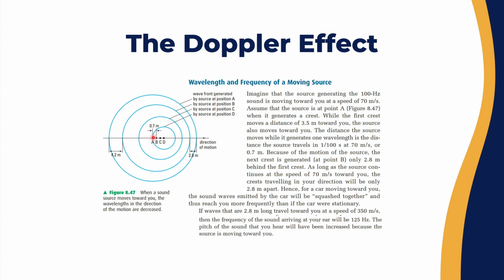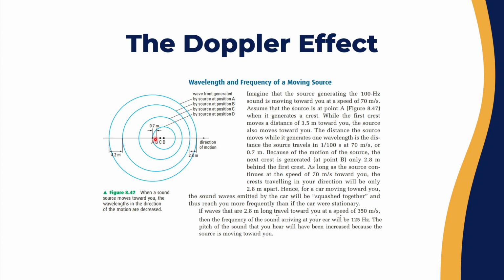The distance the source moves while it generates one wavelength is the distance the source travels in 1 over 100 hertz at 70 meters per second, or 0.7 meters. Now, because of the motion of the source, the next positive hump of the wave is generated at point B, and it will be only 2.8 meters behind the first hump, as long as the source continues at the speed of 70 meters per second towards you. Now, the positive humps traveling in your direction will be only 2.8 meters apart.